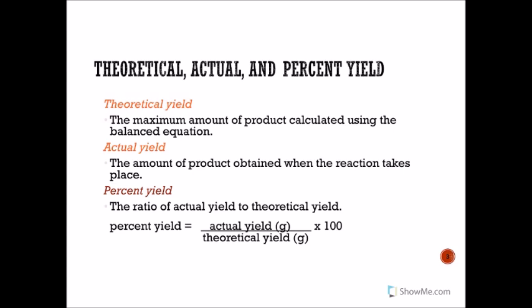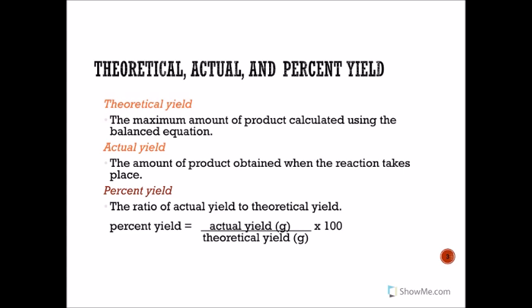If we actually took one of those reactions in the lab, we might have a lower percent yield because some of it got lost, like when you're filtering the product or transferring the product from one beaker to another. Some of it's stuck in the bottom of your beaker, you can't get it all transferred. Or your chemicals that you're reacting in the first place aren't super, super pure. There's lots of different ways you can get a lower actual yield, which corresponds to a lower percent yield.